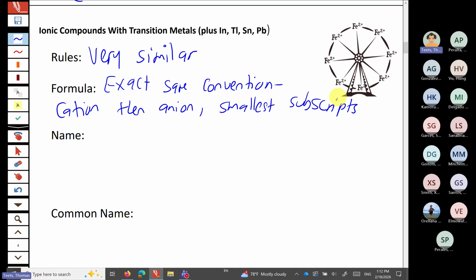So the name of the compound is going to include a Roman numeral in parentheses that designates the charge of the metal in that specific compound.